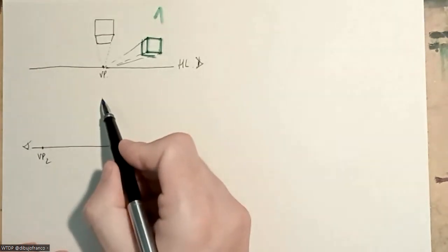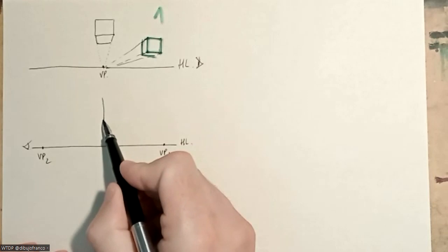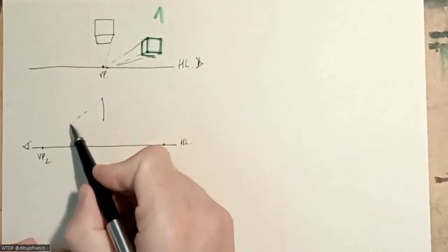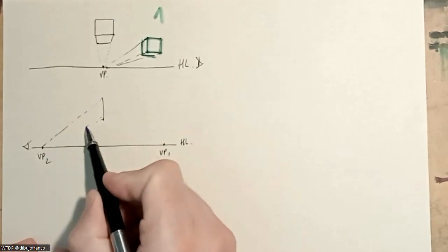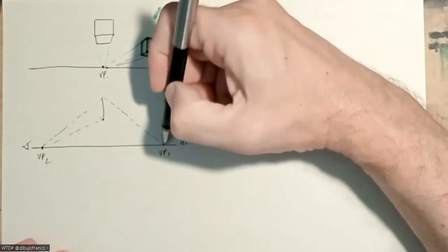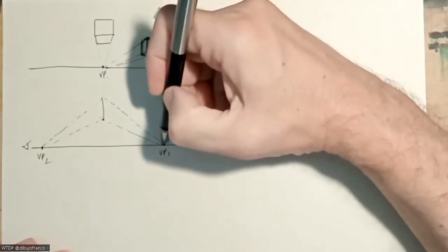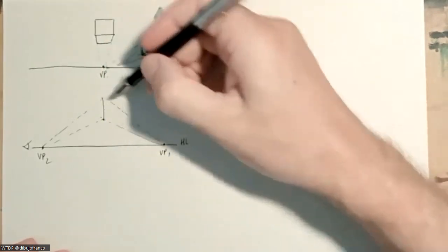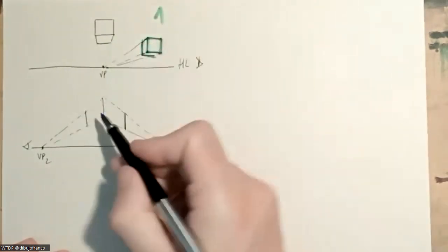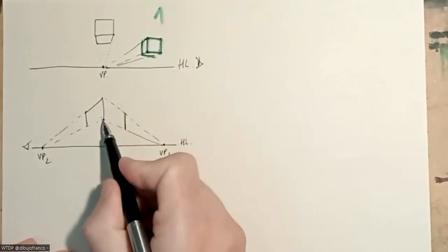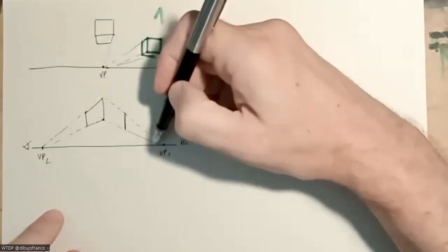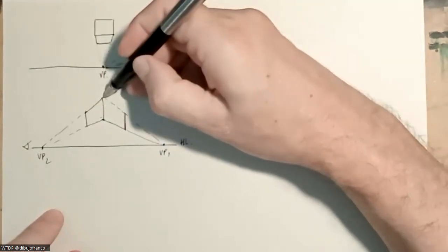So I would be sending from the top and the bottom of the edge of the box the lines to the vanishing point here, to the vanishing point here, and from this one I will be sending the lines to this other vanishing point. Okay, so from there I could be constructing my box. Okay, so this would be closing, going to the vanishing point. This would be closing to the vanishing point.